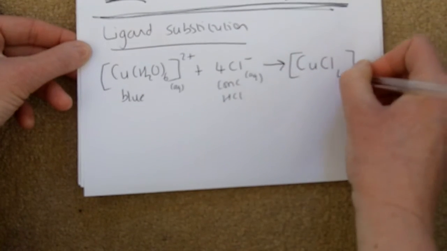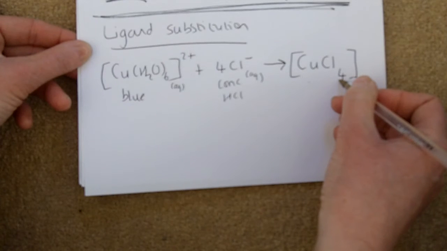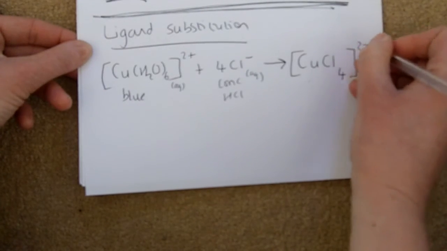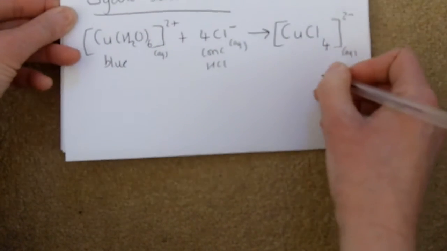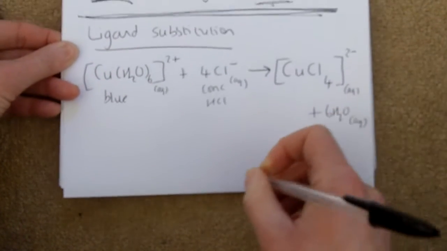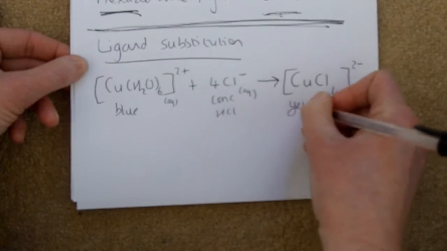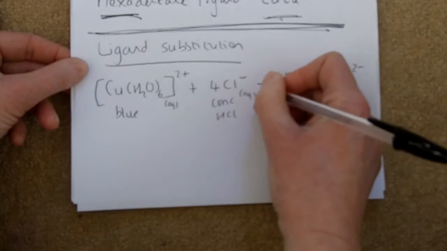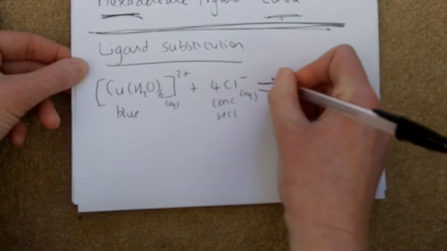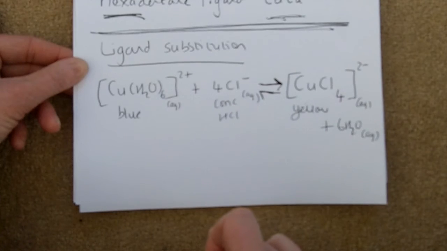Now the overall charge, because copper's 2 plus, that's 4 minus, the overall charge is now 2 minus, plus 6 waters, because remember we swapped them, okay? This is called ligand substitution, and this colour is actually yellow, and it's in equilibrium. This is in equilibrium, right? And you can move it on either side.